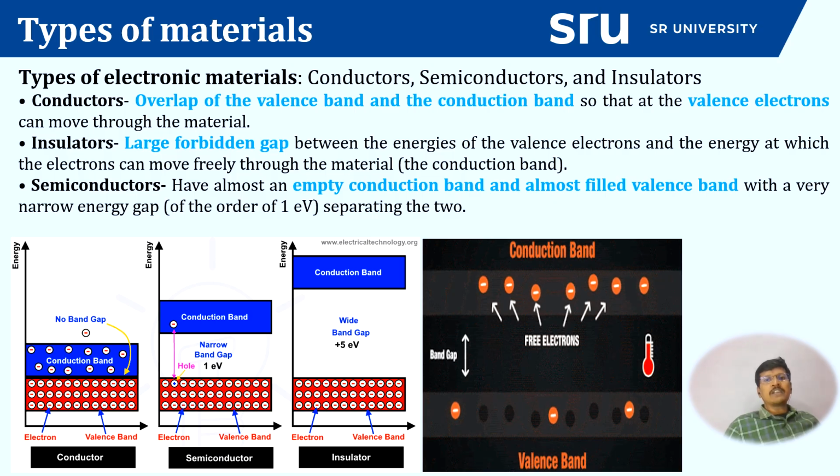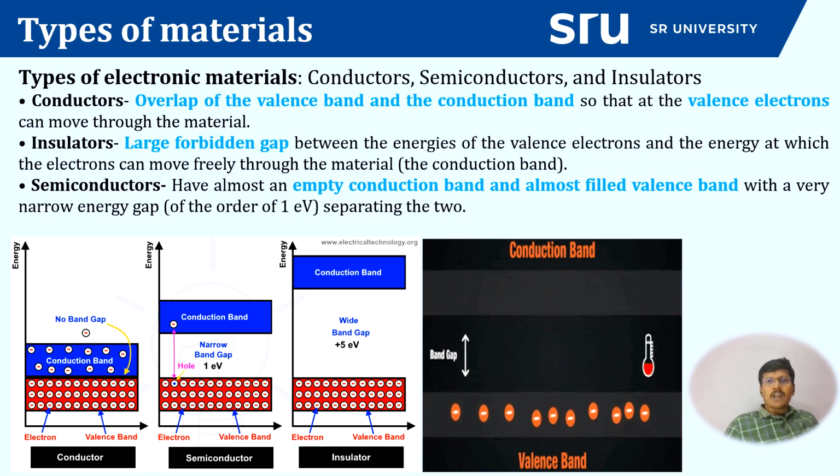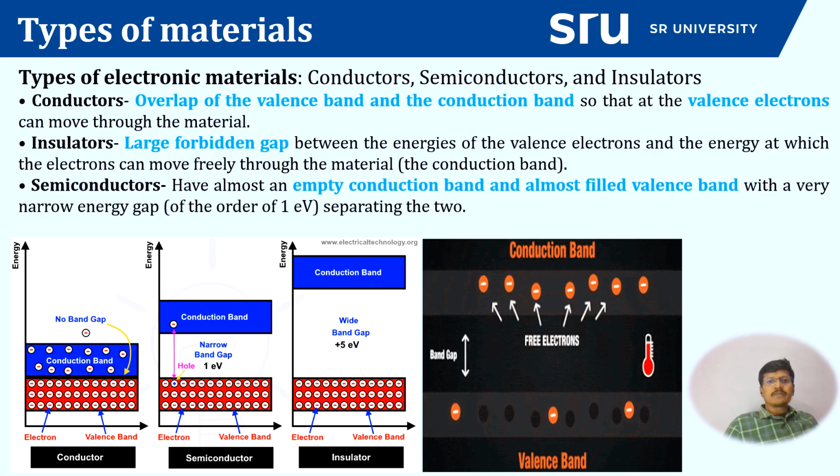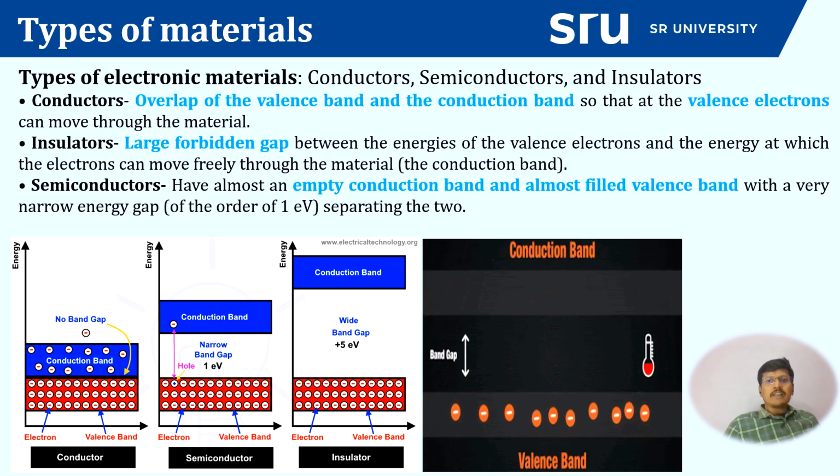I can give some examples like the conventional copper, aluminum, silver, and gold. These are the metals which possess high electrical conductivity. In these materials, the electrons can move freely when the electric field is applied. This is why copper is commonly used in electric wiring.